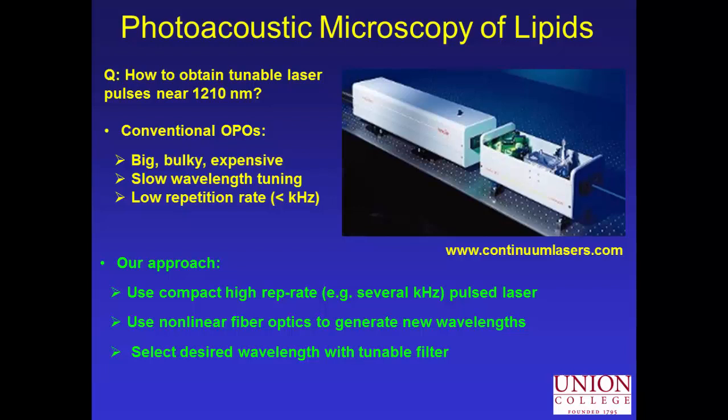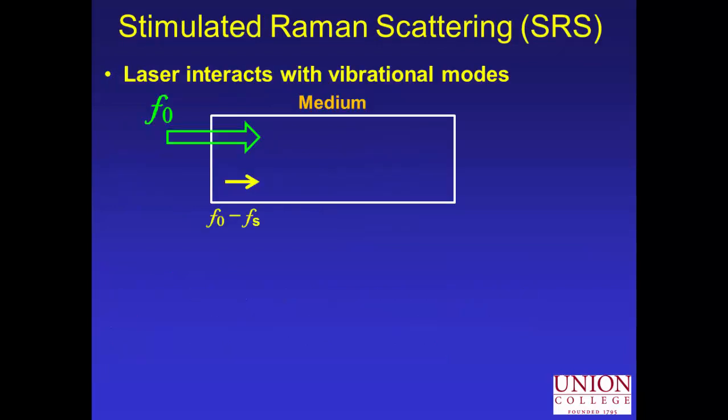As far as how you create the new wavelengths, we've been using stimulated Raman scattering, which describes how a laser interacts with the vibrational modes of the medium. For an optical fiber, it's glass. So as your initial pump laser interacts with the glass molecules, you will get frequency downshifted light due to inelastic scattering.